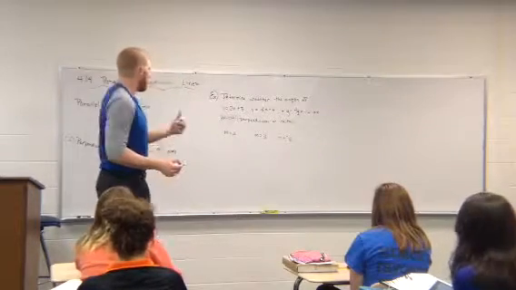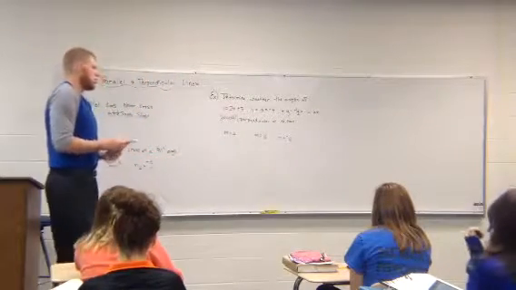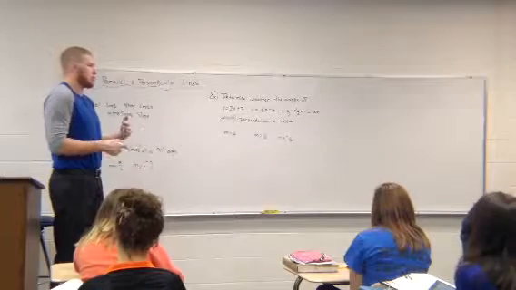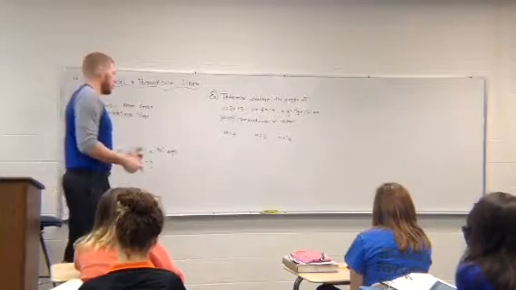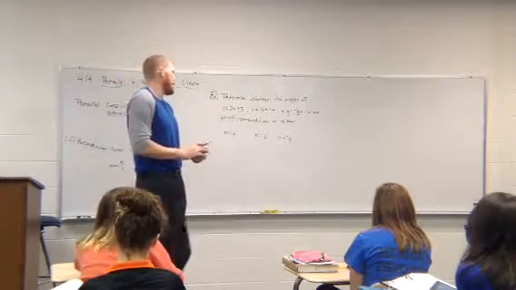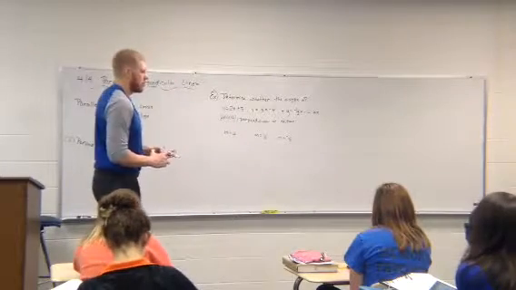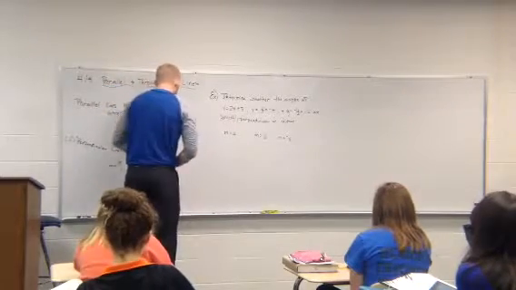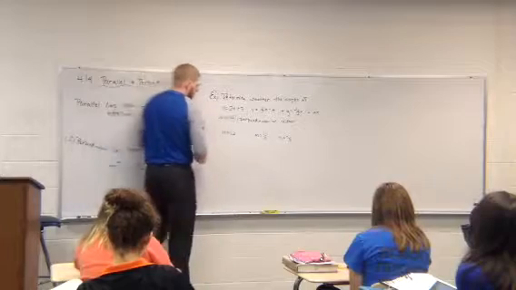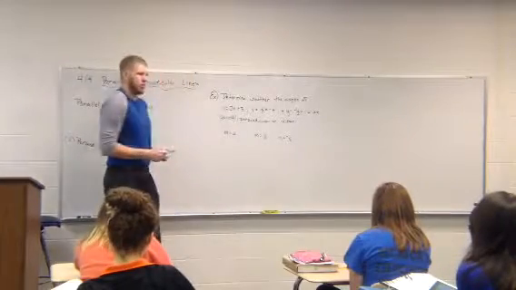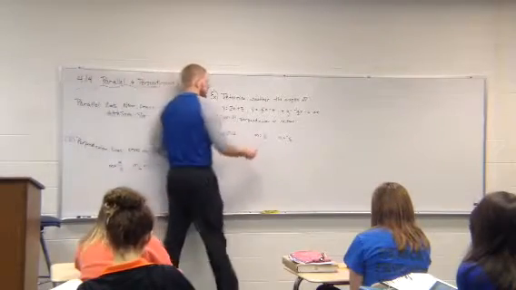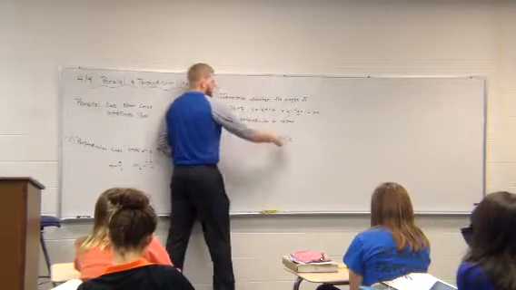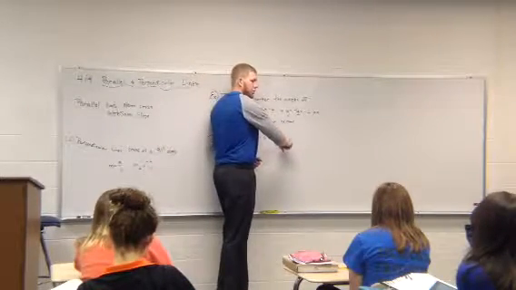Alright? Perpendicular. We need it to be opposite reciprocal, right? Not just reciprocal, opposite reciprocal. So do I have any opposite reciprocals? Yeah, I do, right? Which ones? 1/2 and -1/2? Nope. Negative 1/2, and what's the opposite reciprocal of this? Oh, 2.